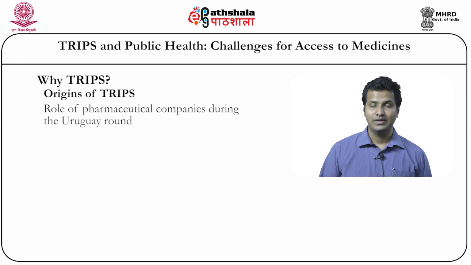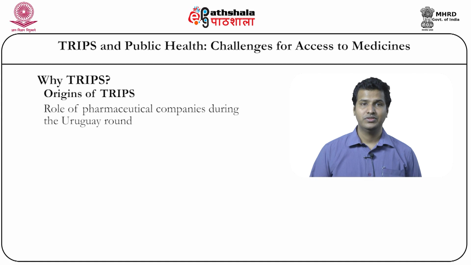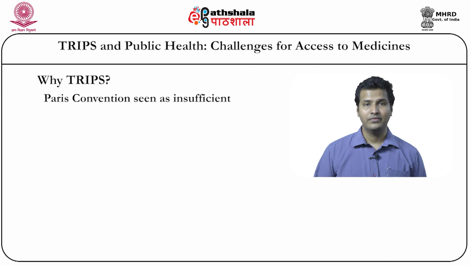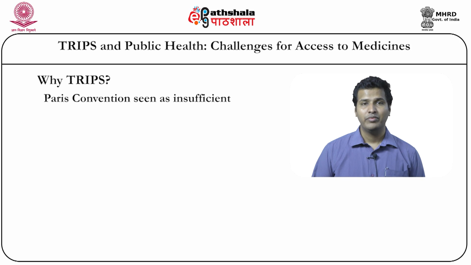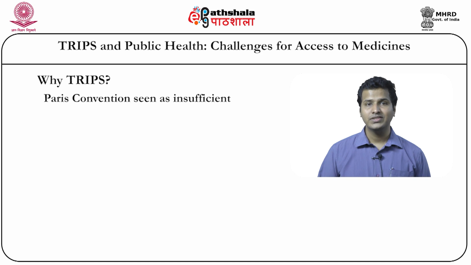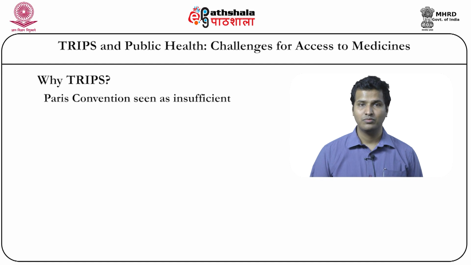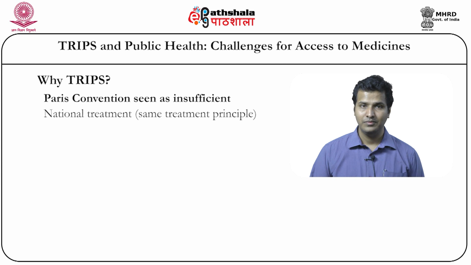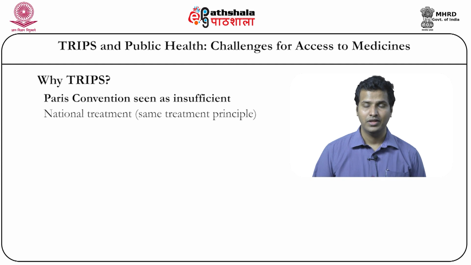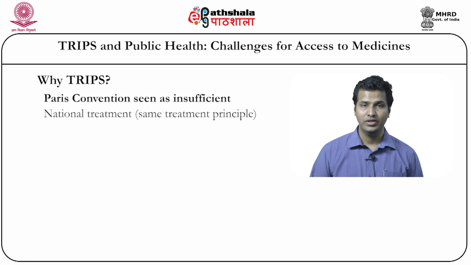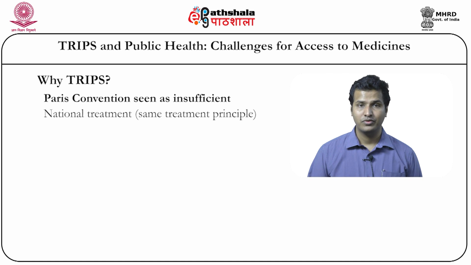But having said that, there was also a perception that the Paris Convention was pretty much insufficient in providing international protection. The Paris Convention, as you might have seen from the previous modules, basically dealt with the principle of national treatment, where a domestic IP holder vis-a-vis a foreign IP holder is provided the same treatment, which finally becomes no less favorable treatment in the case of the TRIPS agreement.